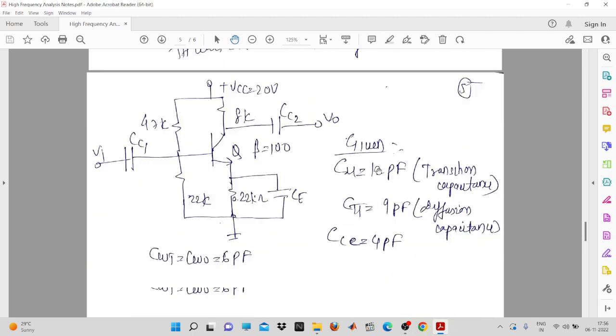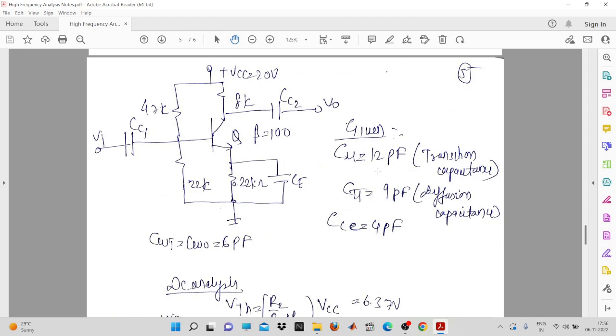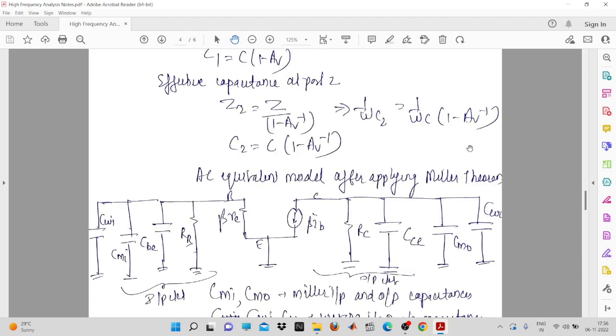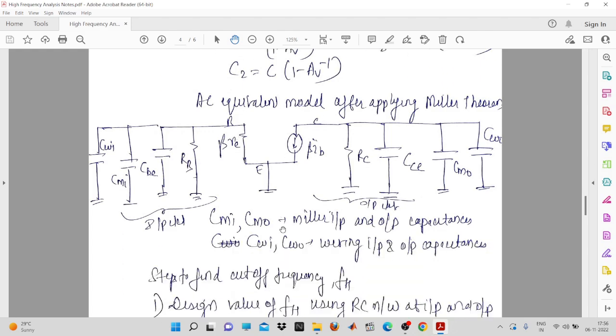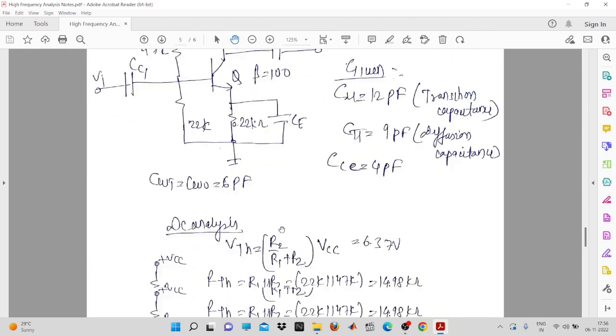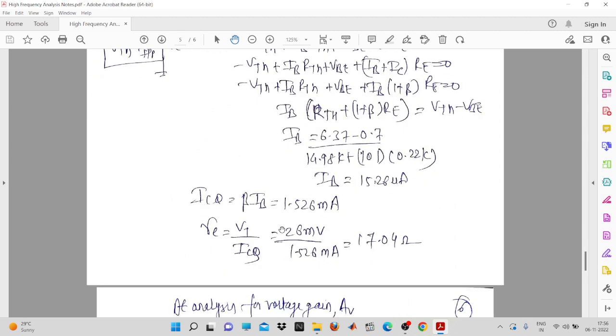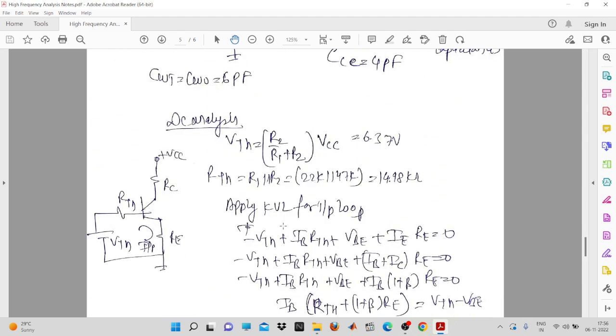So first we will have to find the DC analysis. Now why is DC analysis required? Because if you have seen the AC equivalent model, or you can say the high frequency model, there is a beta RE, and RE will be equal to VT upon IE. So if you want to find the IE value, then you need to have the DC analysis.